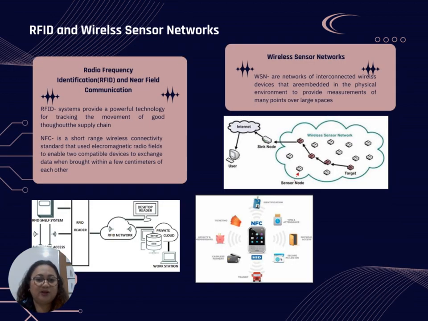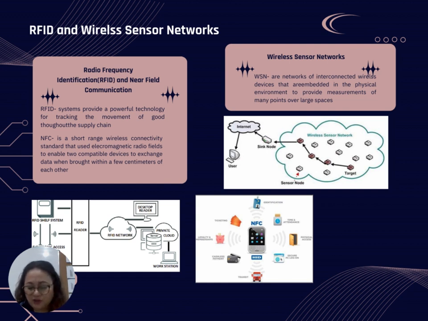So next one is RFID and wireless sensor networks. RFID, or radio frequency identification, and NFC, which is near field communication. RFID is a system that provides a powerful technology for tracking the movement of goods through the supply chain.